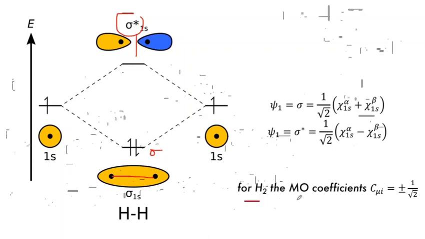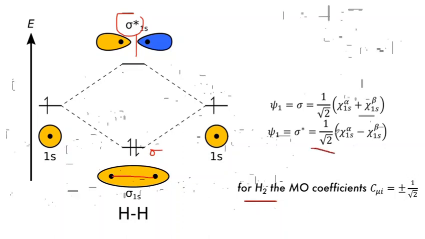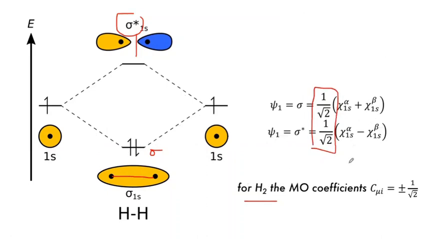And so for H2, the molecular orbital coefficients, this C mu i, is equal to plus or minus a half. So here it is. Those are the molecular orbital coefficients for that H2 molecule. This is a very simple case, but it's basically what you would do for other systems as well.